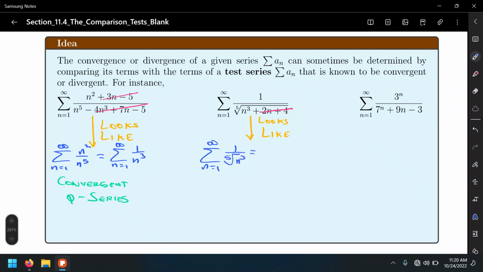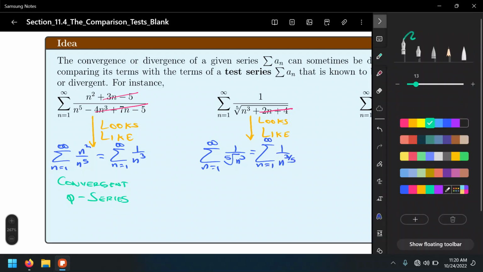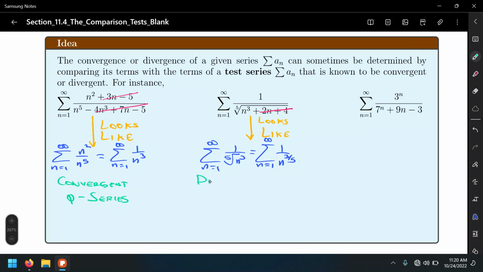And if we rewrite this radical form into rational expression form, we can make this look like a p-series, which is 1 over n to the 3/5. Well, in this case, this would be a divergent p-series again. So it's a p-series again, but in this case, this one diverges.